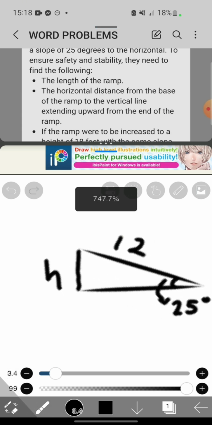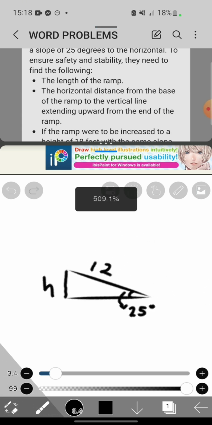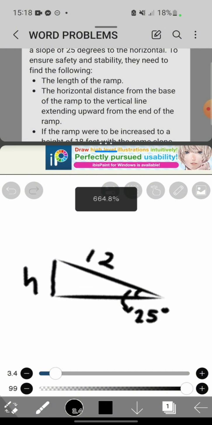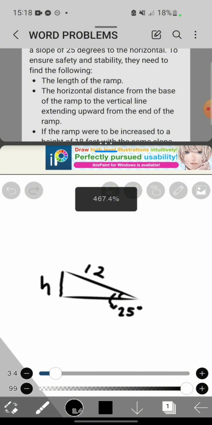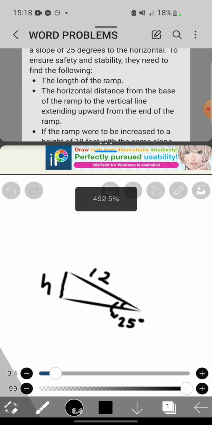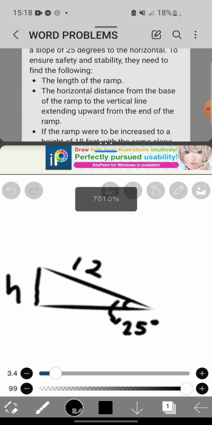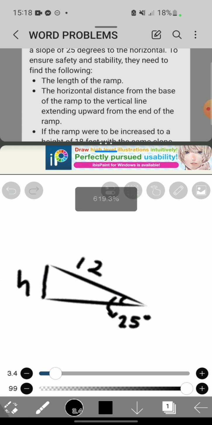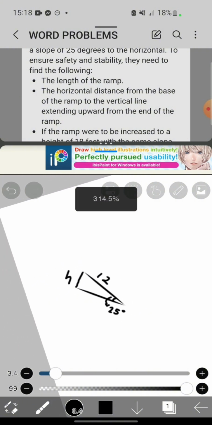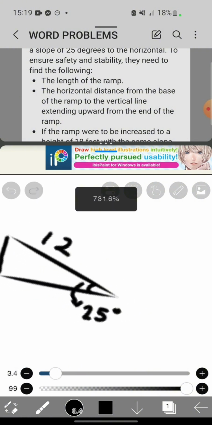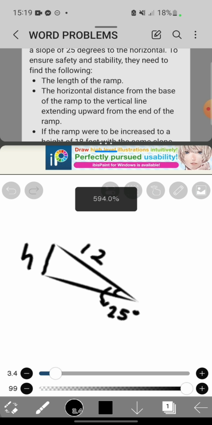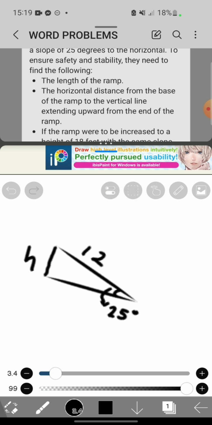So we have to find the length of the ramp. SOHCAHTOA again. We can use SOHCAHTOA for this problem. We have the angle and the side 12, so we have to find the side h.